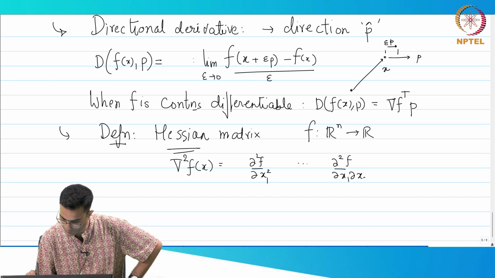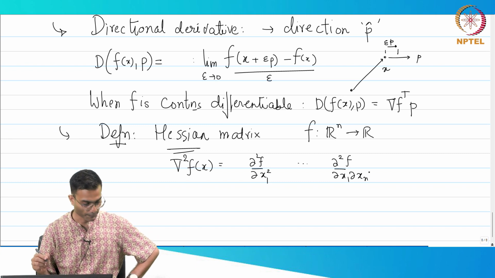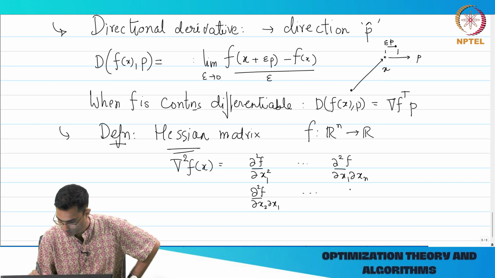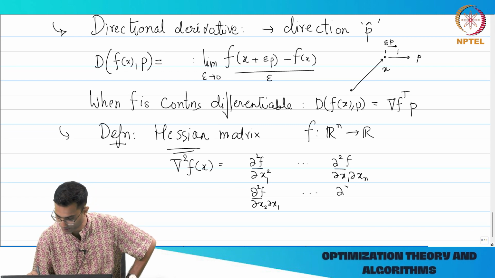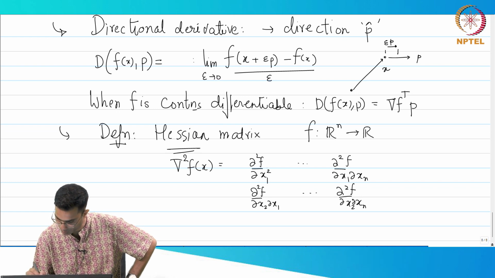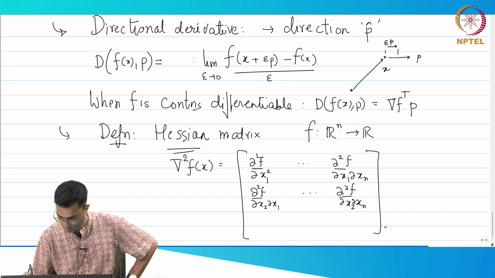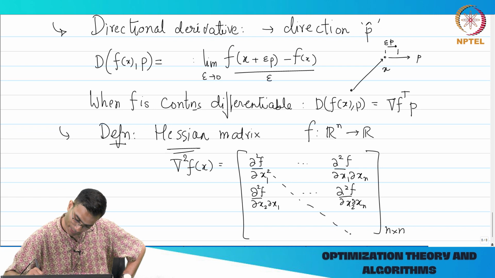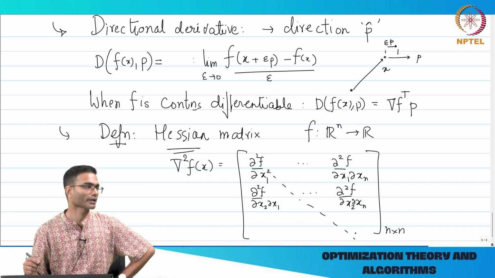All the mixed derivatives also appear. Then this, and so on. This will be del squared f by del x2 del xn. So the diagonal terms contain the pure double derivatives.